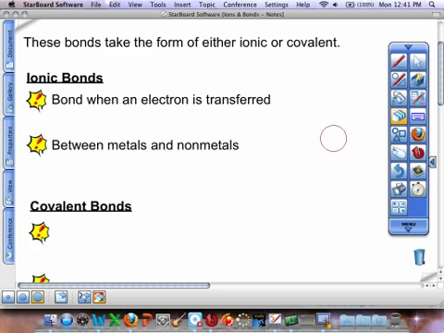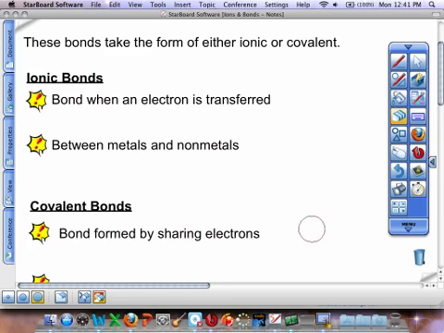Now, covalent bonds, on the other hand, we're still dealing with electrons. It's all about the electrons for bonding. But the major difference between an ionic and a covalent bond is that in a covalent bond, the electron is shared. Neither one's going to give it up, they're just going to share it together.